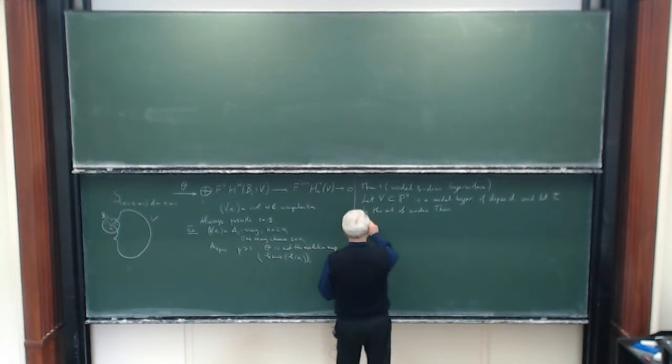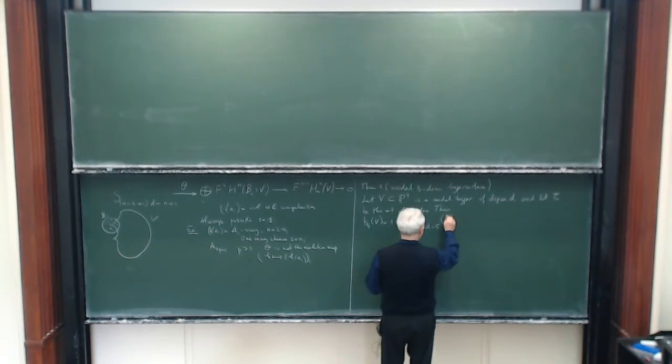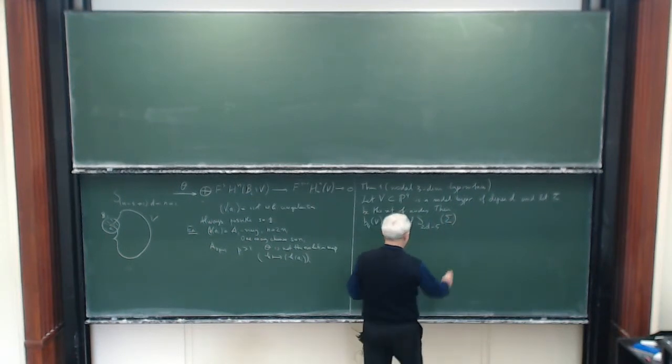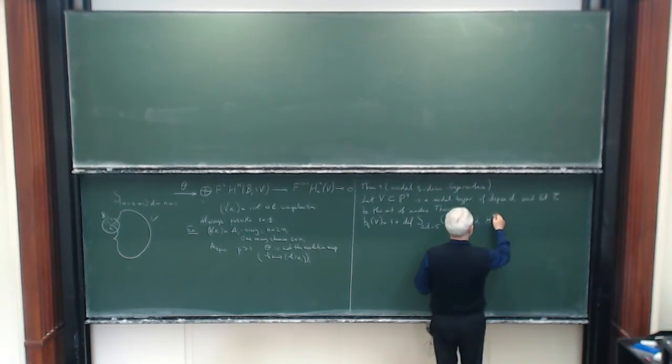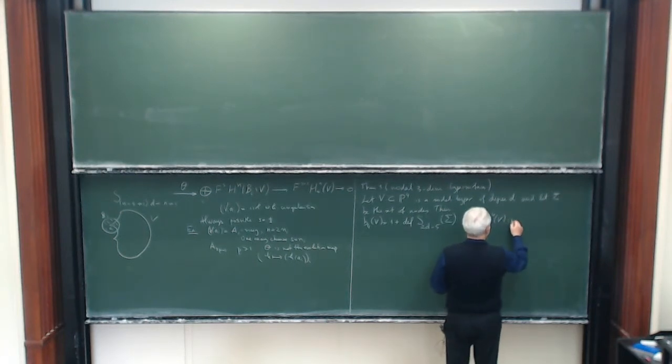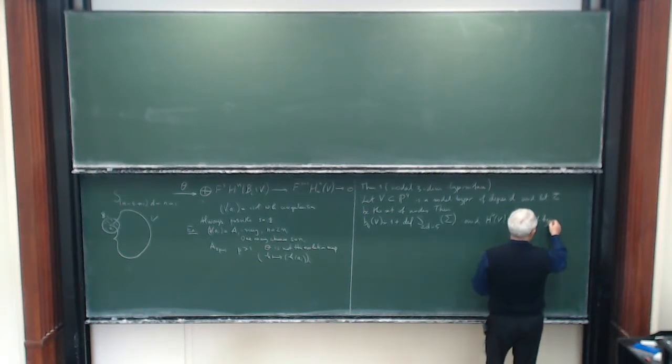Then the fourth Betti number of V is 1 plus the defect, and moreover this group is pure of type (2,2).